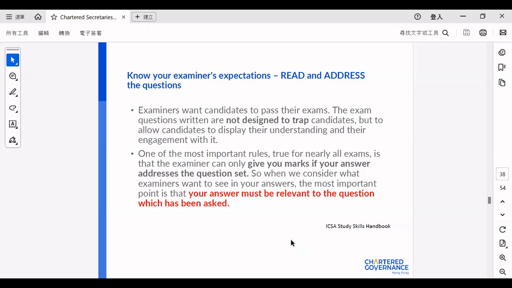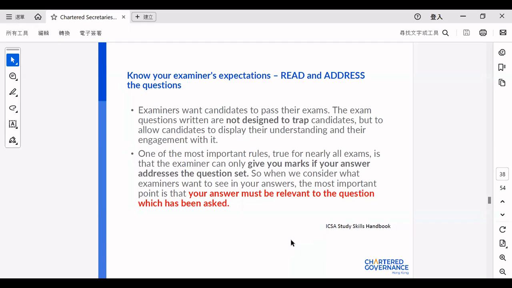All right, as we have seen in the earlier examples, they just mentioned that you have to do the... I mean, in one of the examples earlier, the examiner actually asks you to do a PESTEL analysis relating to the external environment and that sort of thing. So they actually give you hints on what to answer, right?